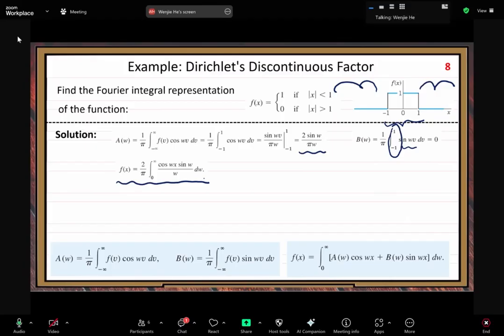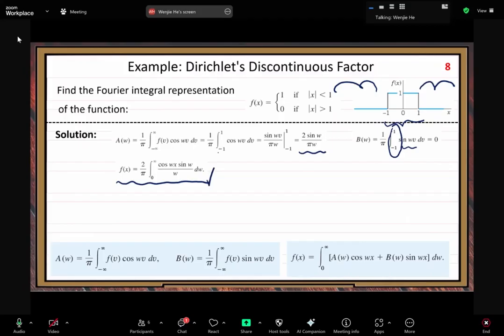Here is another interesting phenomenon. You can see we can get many unexpected results from our new tool, the Fourier integral. What kind of unexpected result? This formula is already unexpected.